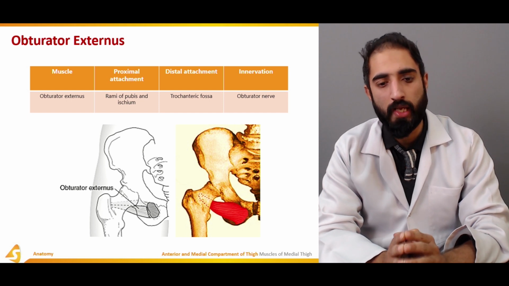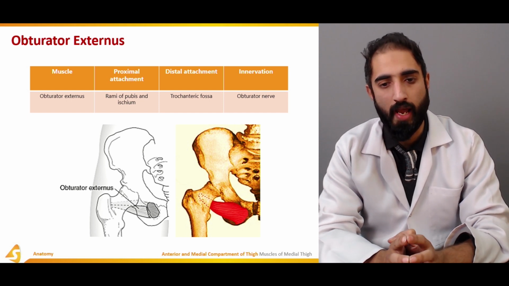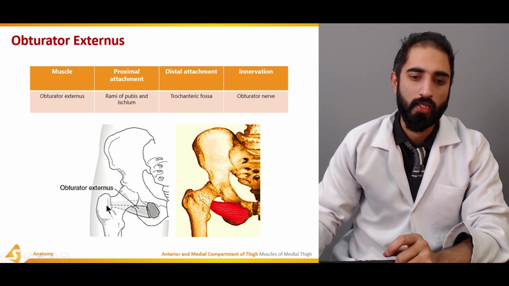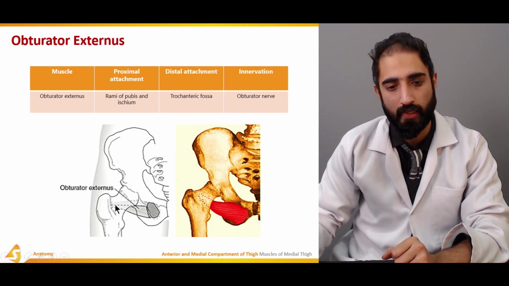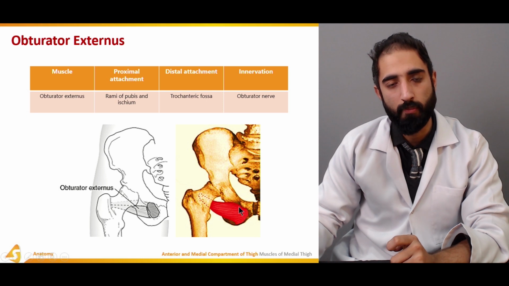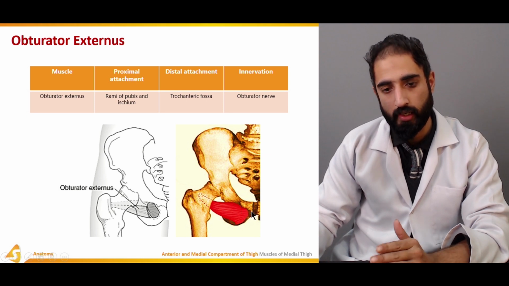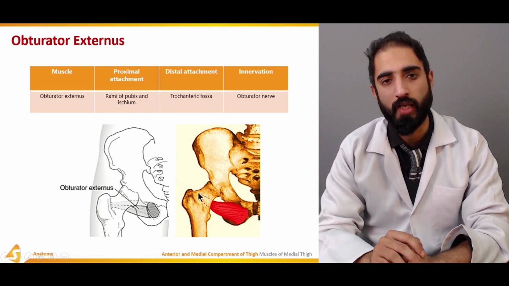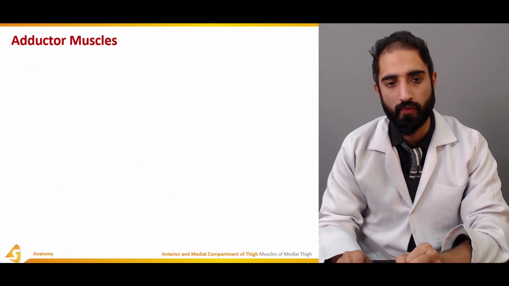And the insertion, it moves from medial to lateral and attaches on the trochanteric fossa, which is at the greater trochanter here, where it attaches. So it moves from medial to lateral in a posteriorly oriented direction, and the innervation is via the obturator nerve.